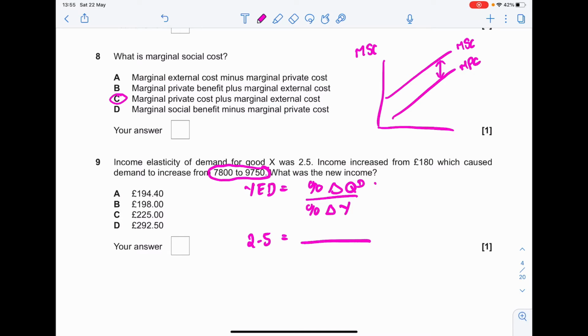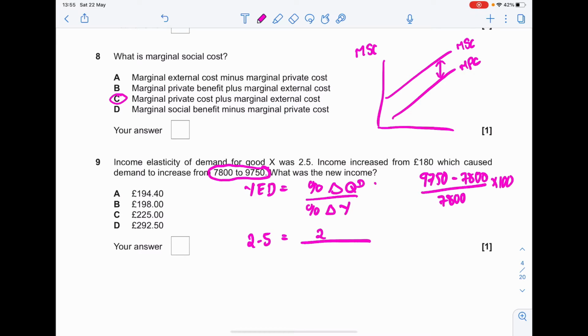So percentage change is 9,750 minus 7,800, so change over the original. The original is 7,800, times by 100. So let's pop that into the calculator. Make sure you remember to divide it by the original. That's going to give us 25%.